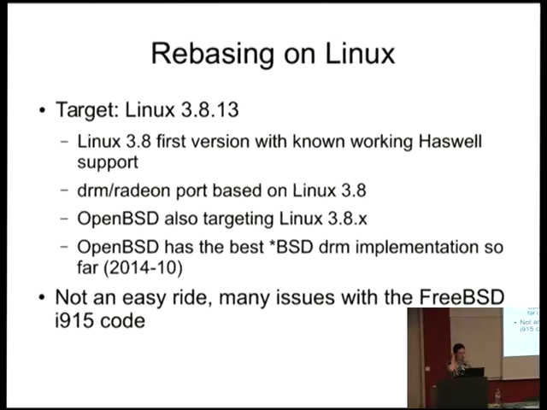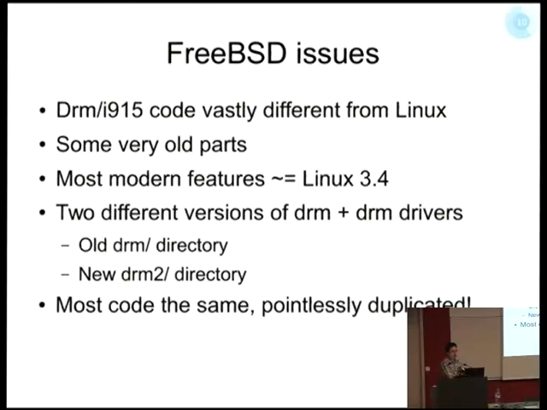And it was not an easy ride, for we had many issues with the FreeBSD i915 code base. The DRM code was vastly different from Linux, especially the i915 one. There were some very old parts, and most modern features were from Linux 3.4, more or less.